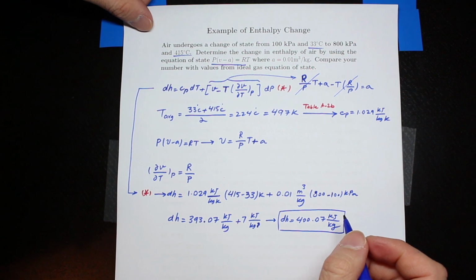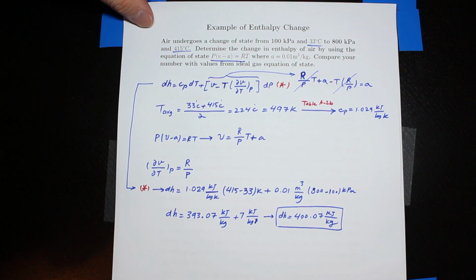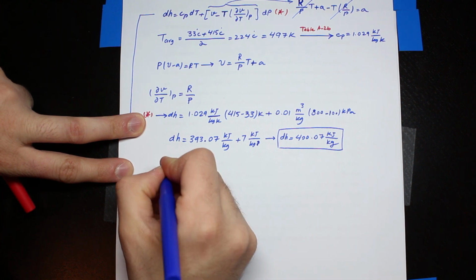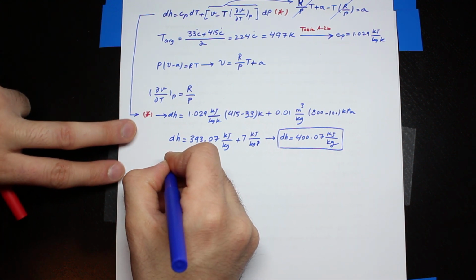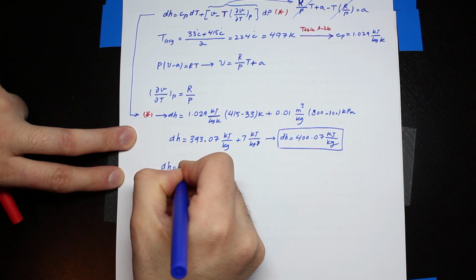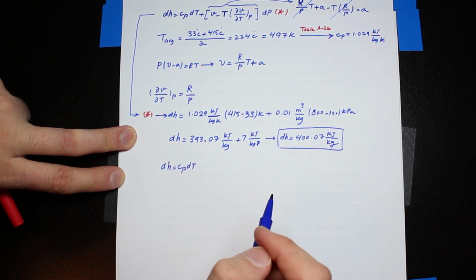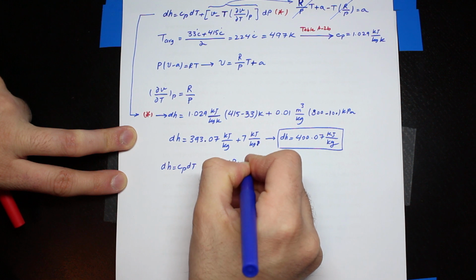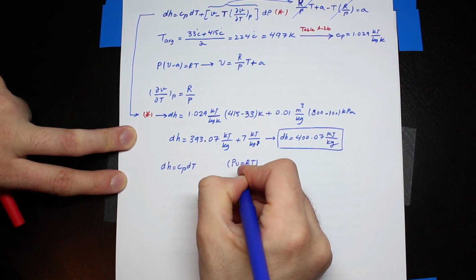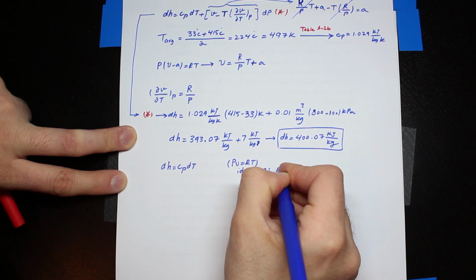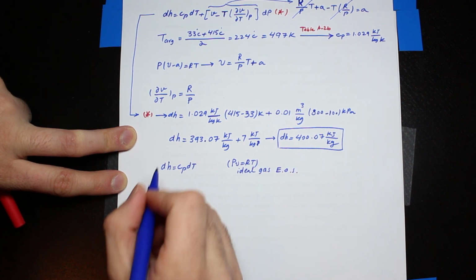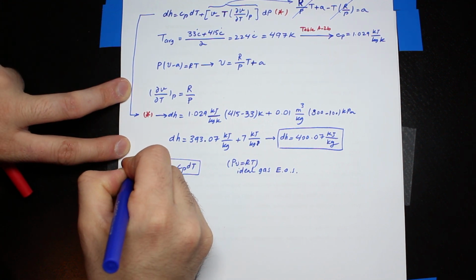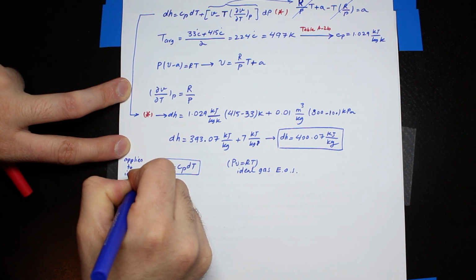Now, the question also asks for a comparison with the ideal gas law. If I want to do that, in ideal gas equation of state, dH is equal to Cp dT. That is what we have in ideal gas equation of state. Well, the ideal gas equation of state is PV equal to RT. All right, so this is ideal gas equation of state, but in ideal gas, this is what we have. So this applies to ideal gas.